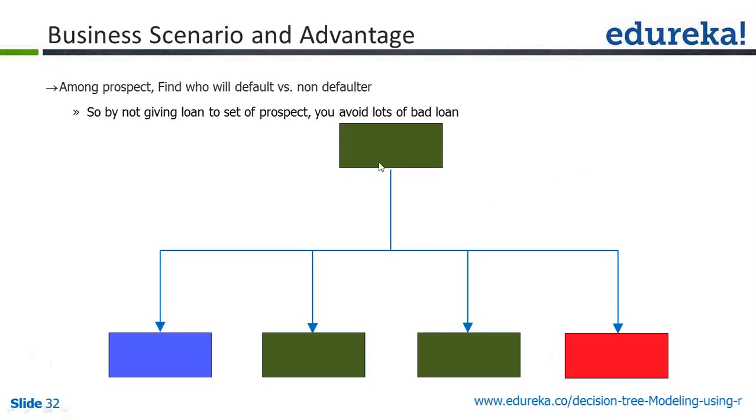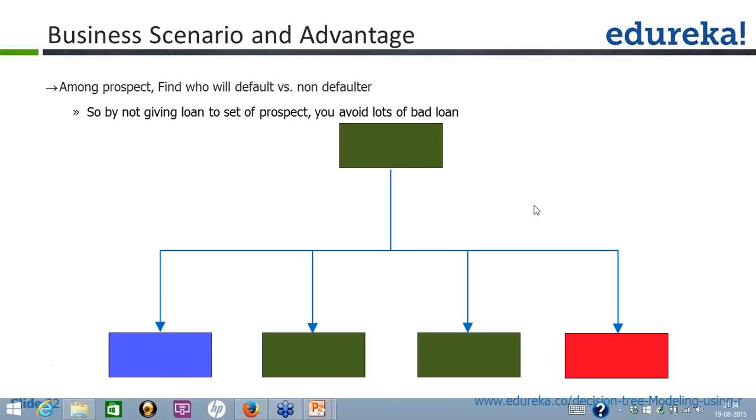So if this is the default base rate, and you find here there are too many people who will default, and here too few people who will default, you would like to give loans to this set of people. You will not like to give loans to this set because there will be too many defaults and you will incur a loss, correct? Yes, very good. So all of you are clear.